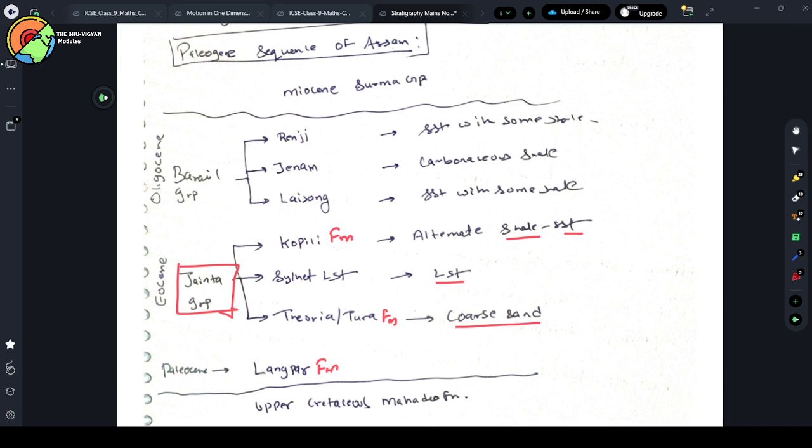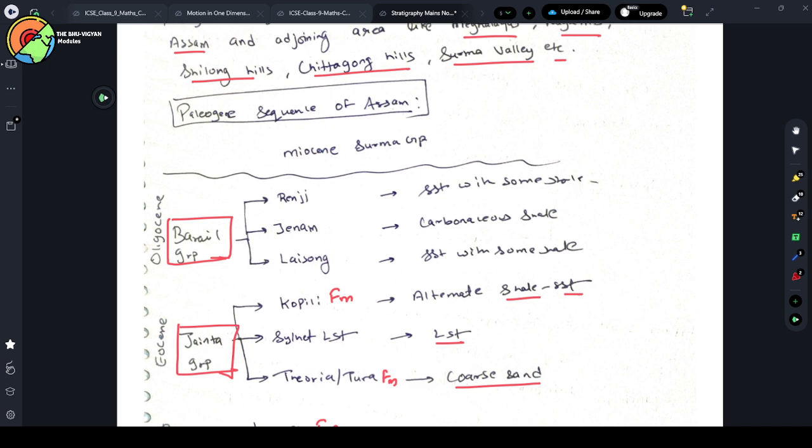Okay, then we have Barail group, which acts as a source rock for oil in this particular area. Okay, this acts as a source rock for oil in the Assam Arakan Basin.